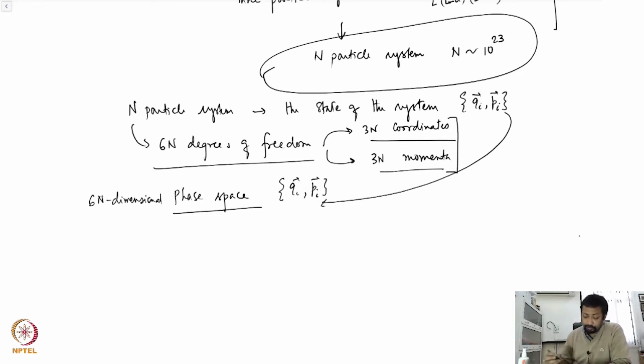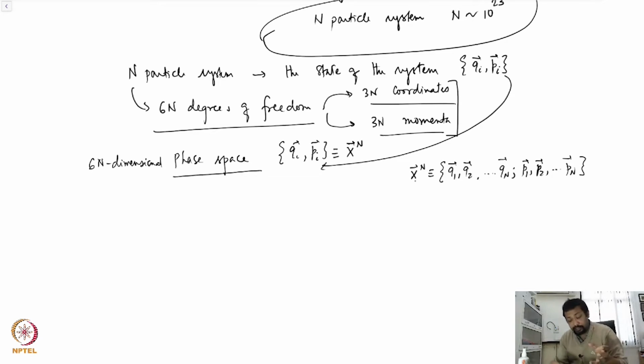So therefore, in the phase space, there is a point. We shall denote it by this vector x capital N, where x capital N is equivalent to q1, q2, all the way up to qn, and then p1, p2, all the way up to pn, right?